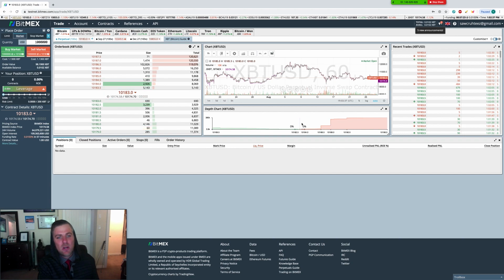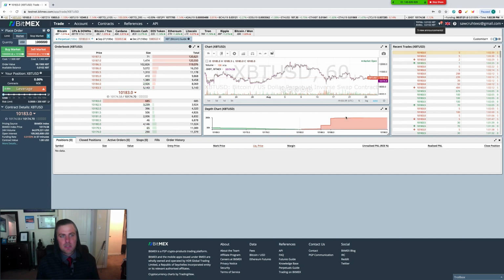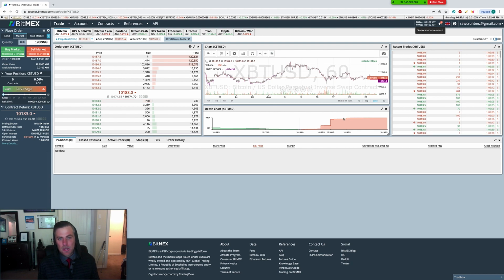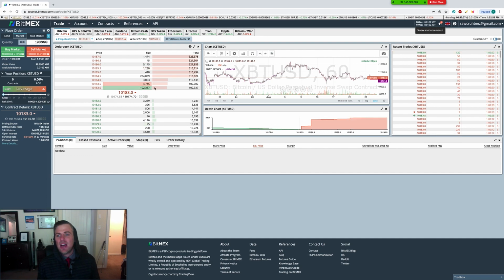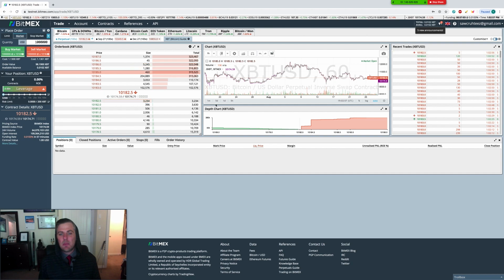And this is where the whale games come in, because it's very easy to game this chart. If you're a whale and you've got millions of dollars, and you have enough in your account to make a significant impact on how much liquidity is available, then you have the power to really bluff some people.